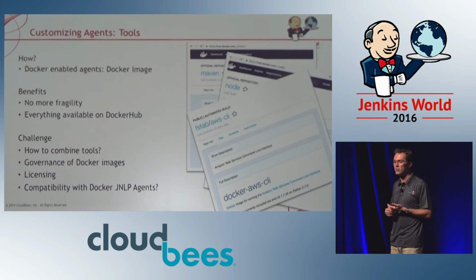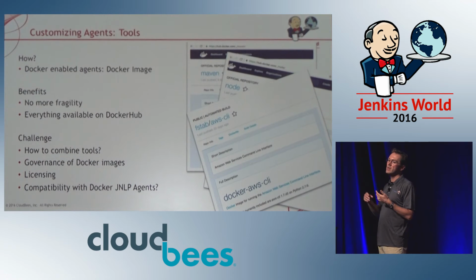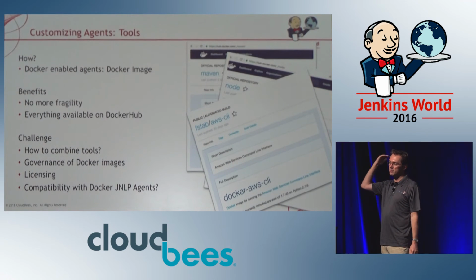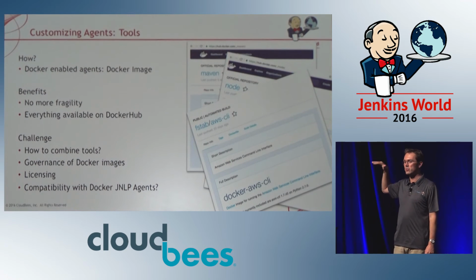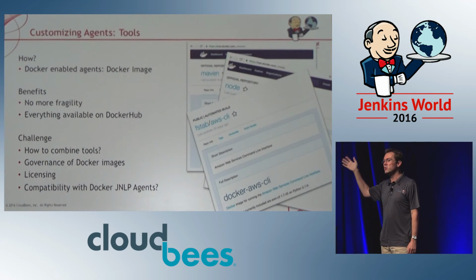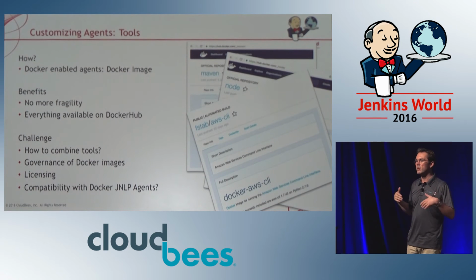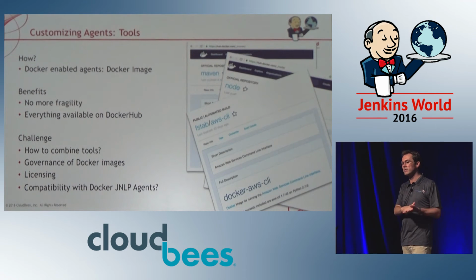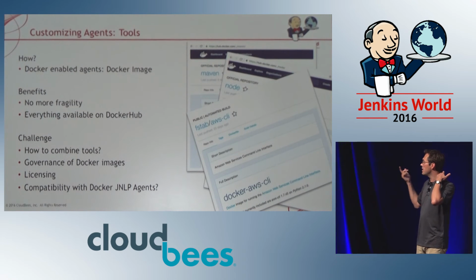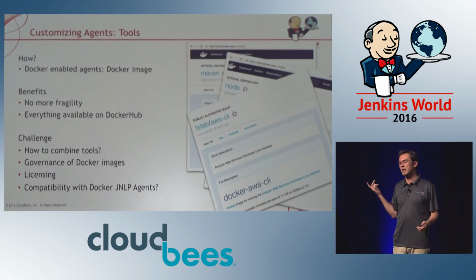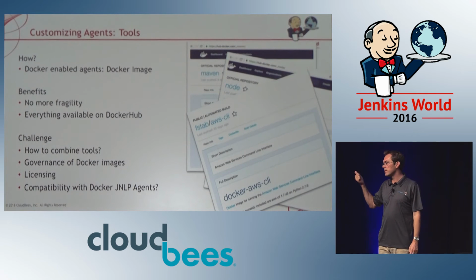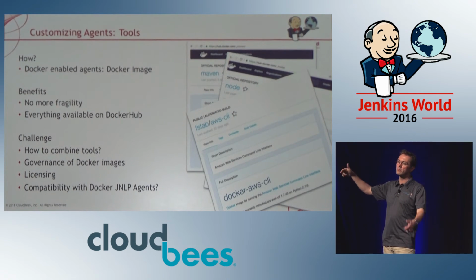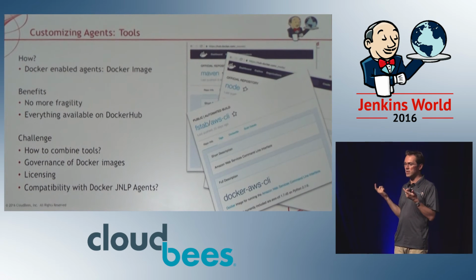The licensing terms of the Oracle JDK do not make it possible to have a publicly available Docker image with Oracle JDK. You may find this issue with other tools that you like that have maybe commercial licenses or open source business-friendly licenses. So maybe some licensing constraints will mean that the tool that you want is not available on Docker Hub, and so you will have to create your own private image.